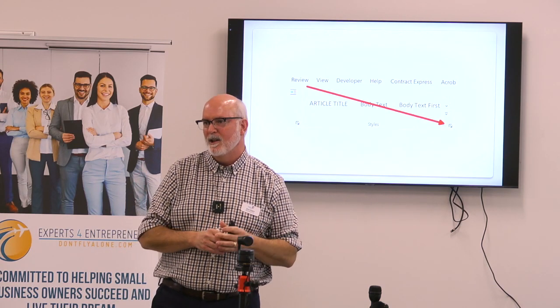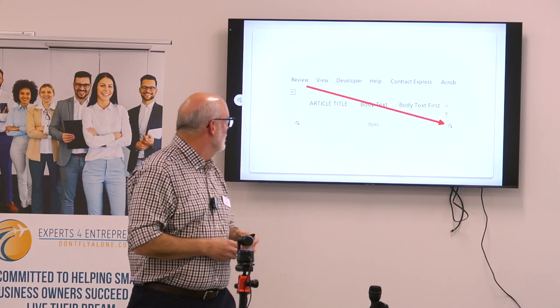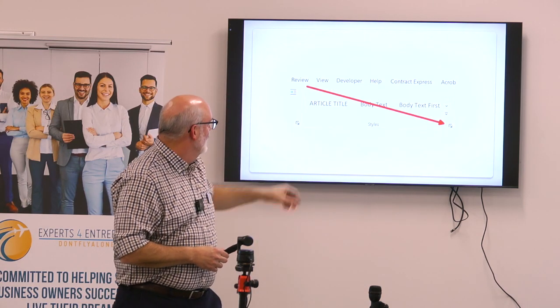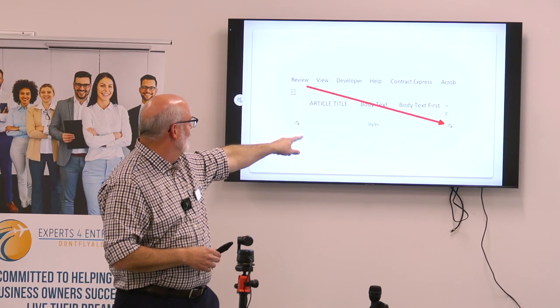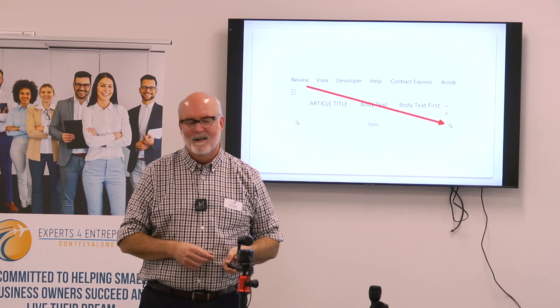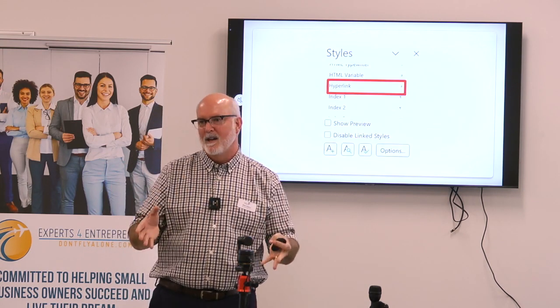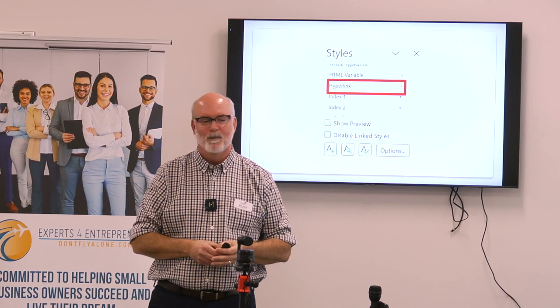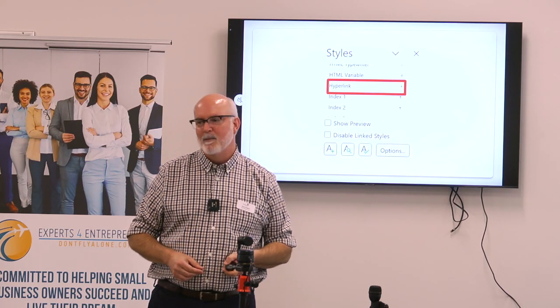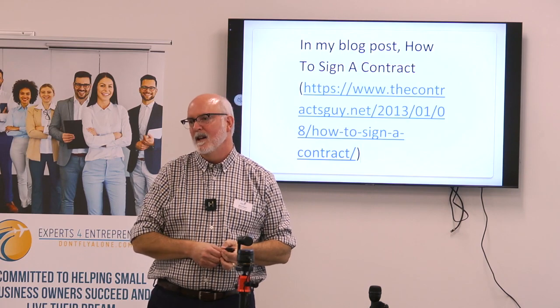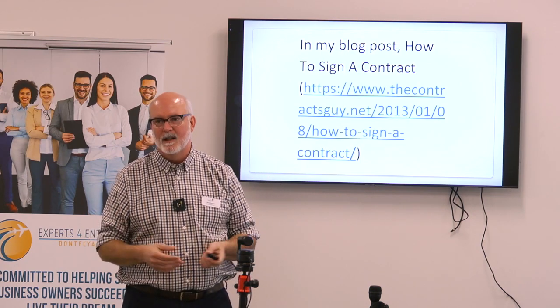I think they call it the style pane, but these are various styles. And this little bitty downward arrow in the bottom right of that, if you click on that, the style dialog box will pop up. Just scroll down to hyperlink, click that, and you got a hyperlink. So you can do that with any text.